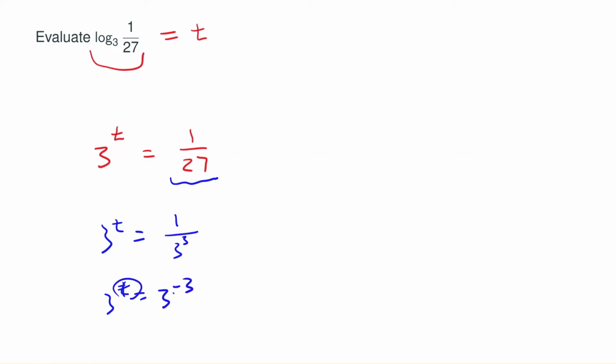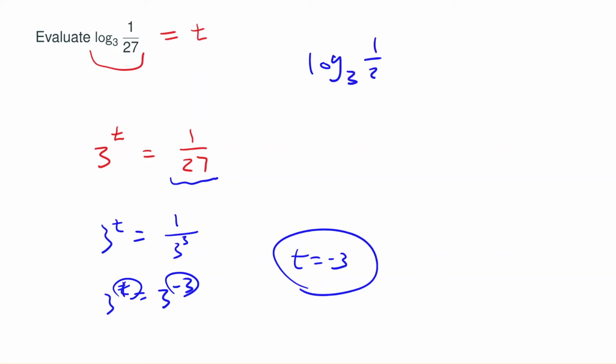So t must be negative 3. So we can say that log base 3 of 1 over 27 equals negative 3. It is okay to have a negative exponent, but inside of a log cannot be negative nor 0. Something to keep in mind.